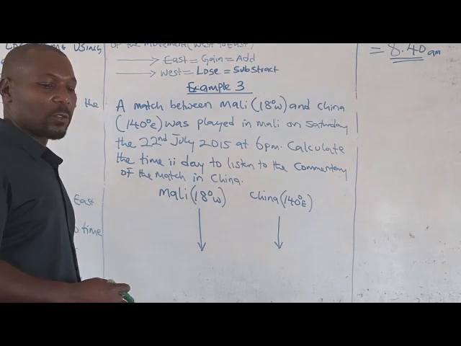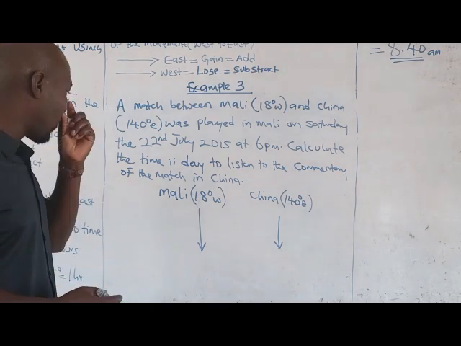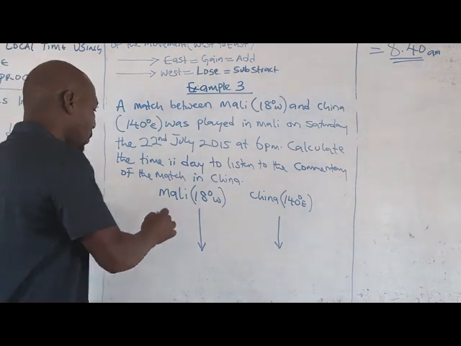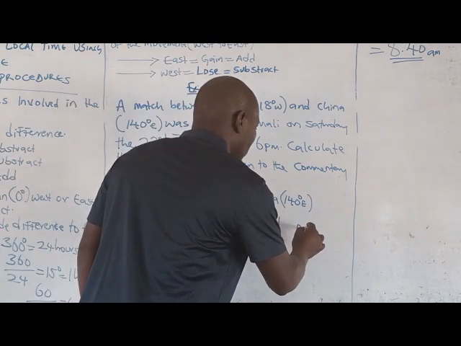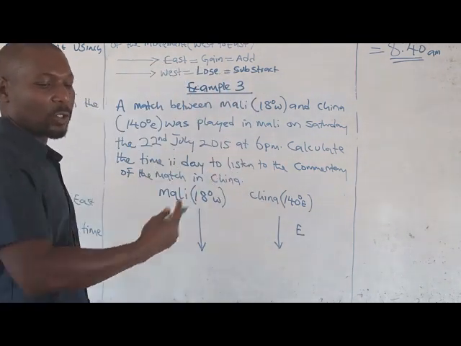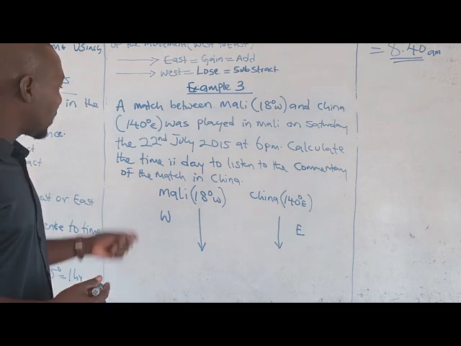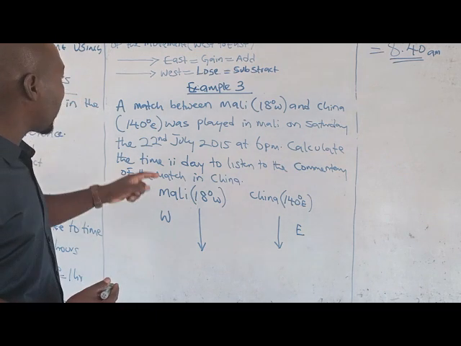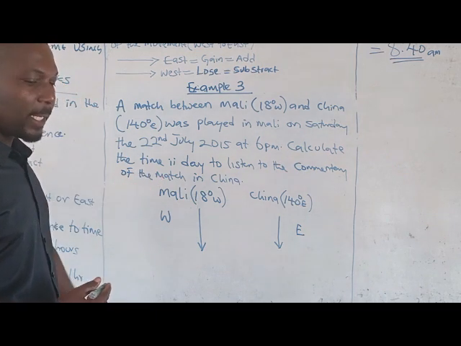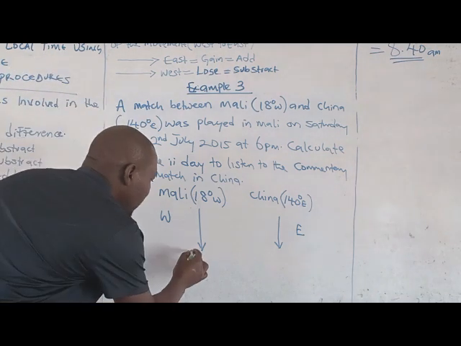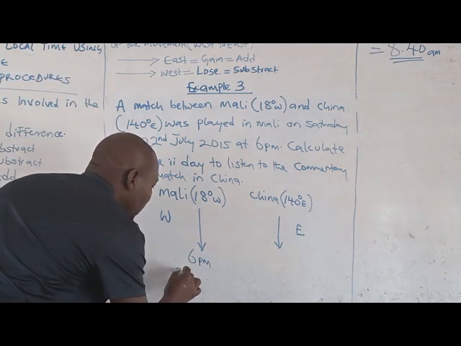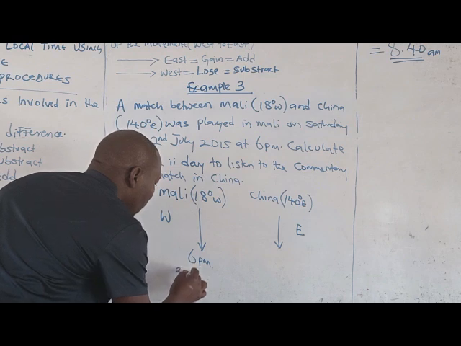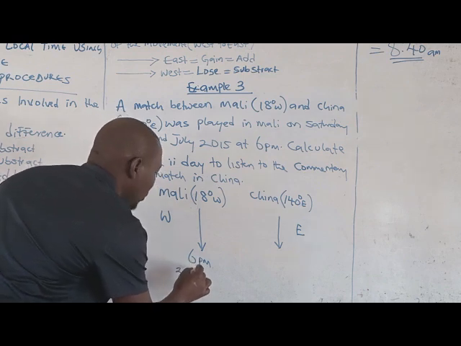Let's not forget to draw: this is the west, this is the east, according to how the earth rotates. And they say the match that was played in Mali was played around 6 p.m. on the 22nd of July.